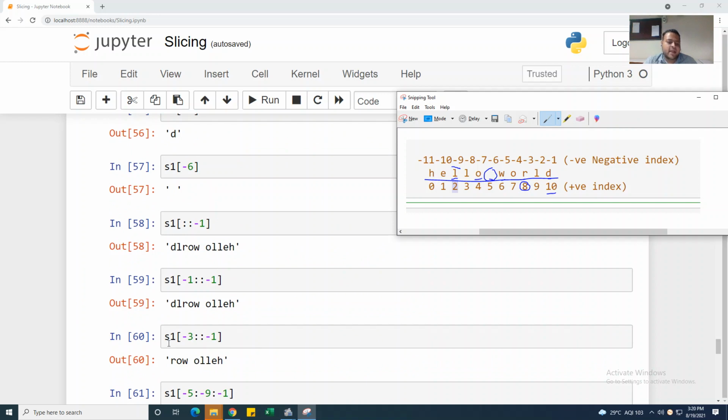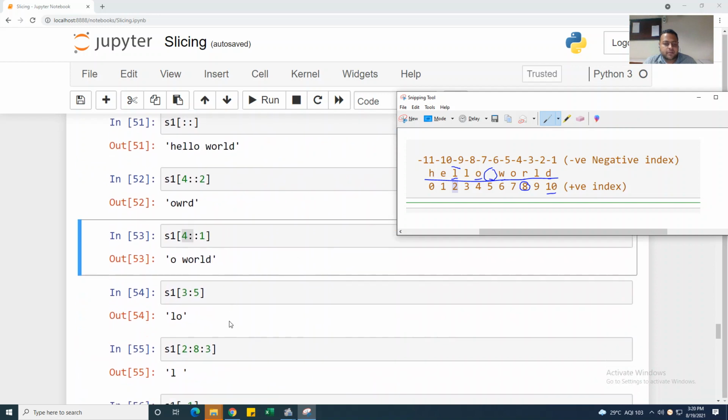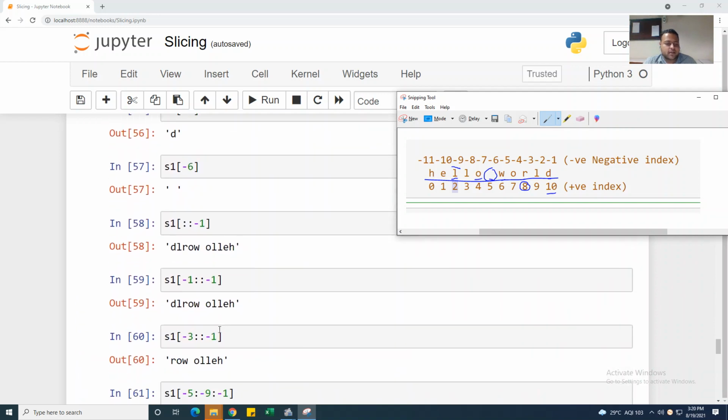Again, I am taking s1 minus 3 as my starting point. My stop is by default, and minus 1 is my step. Here minus 3 is my starting point. It will take R, O, then W, then space, O, L, L, E, and H, because by default my ending point is minus 11.